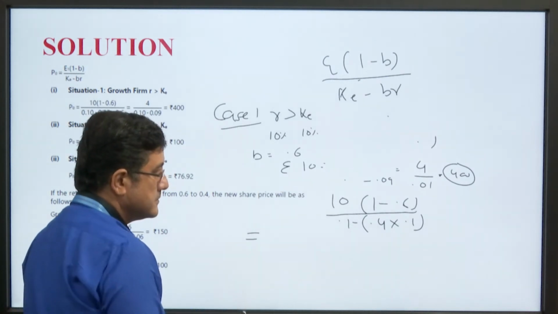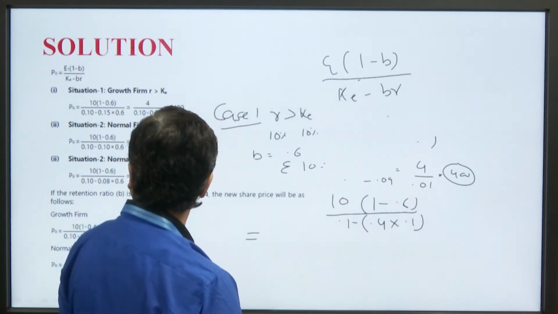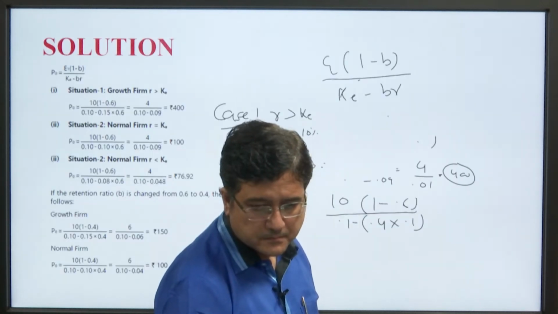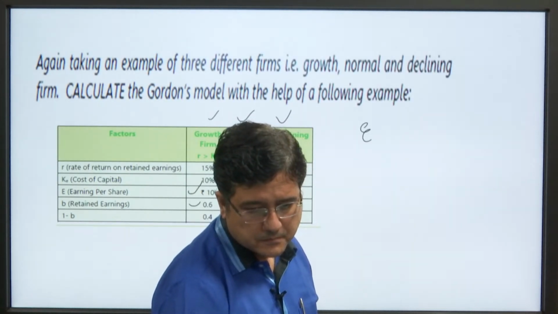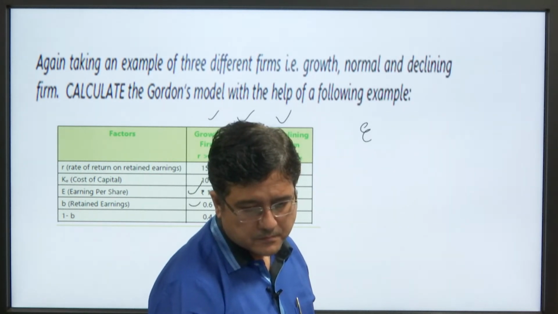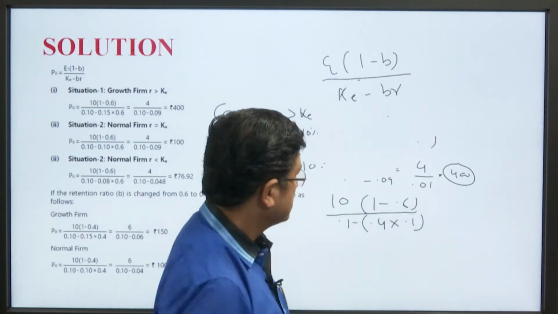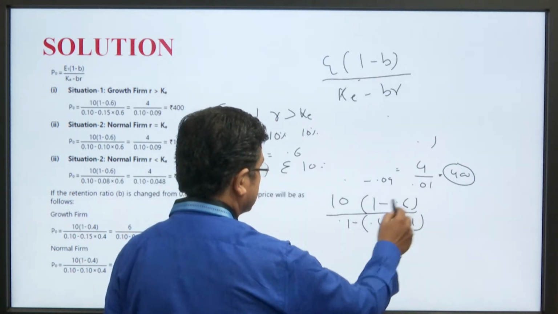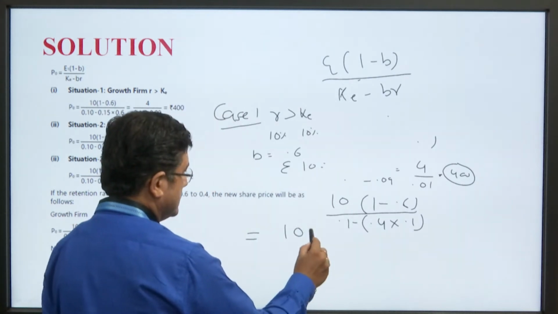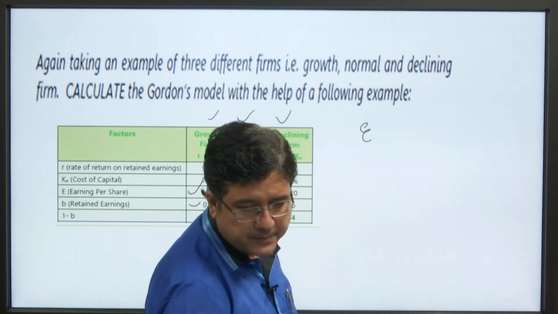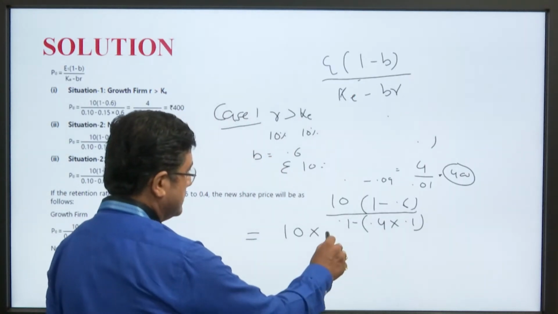In this case, retained earning is 1 minus B, which is 0.4.